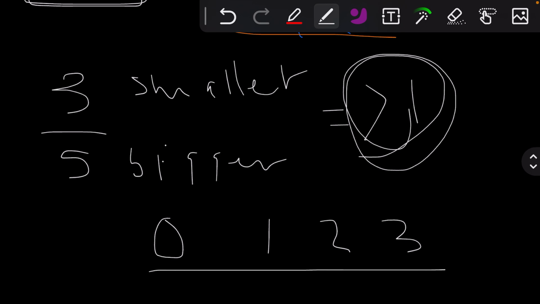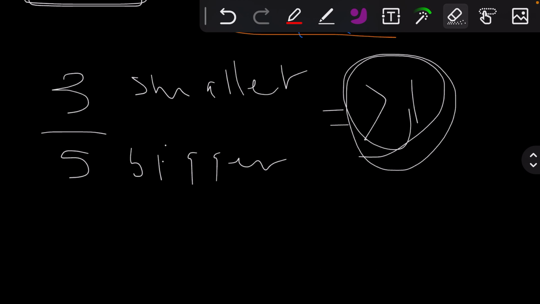So just remember that: the fraction is less than 1. If the number on bottom is bigger than the number on top, then it's going to be somewhere between greater than 0 but less than 1. And that is what is referred to as a proper fraction.